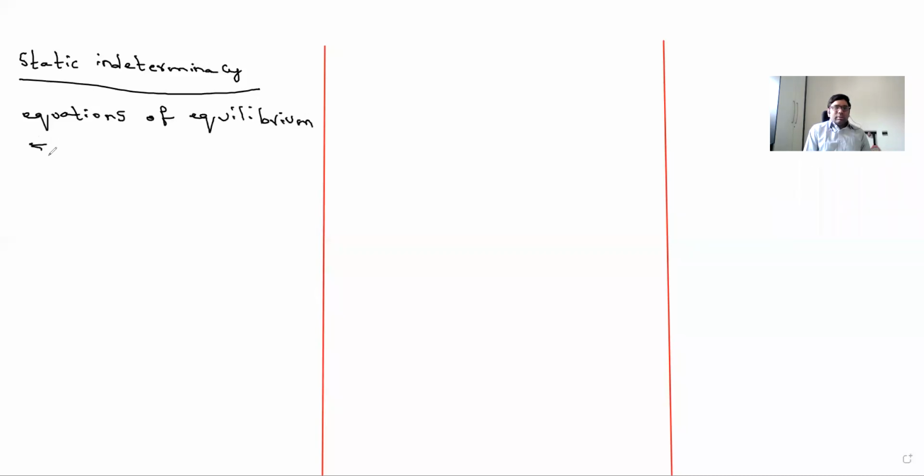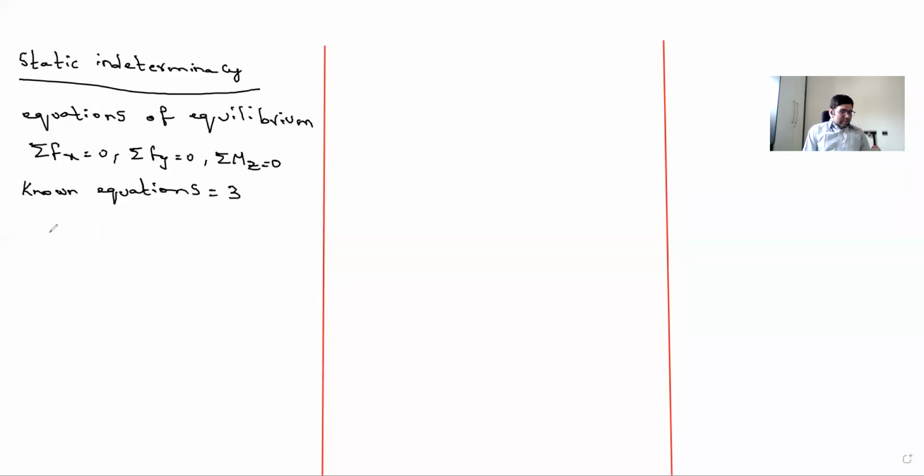What are those? Sigma Fx is equal to 0, sigma Fy is equal to 0, sigma Mz is equal to 0. These are actually called known equations. So how many are there? It is equal to 3.